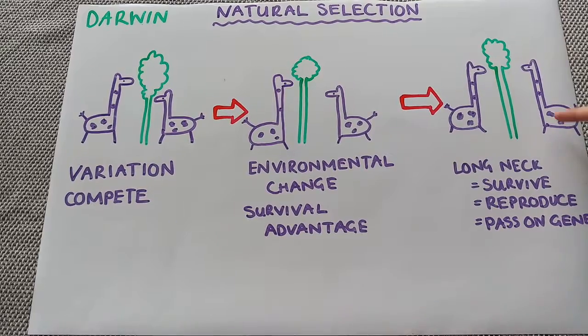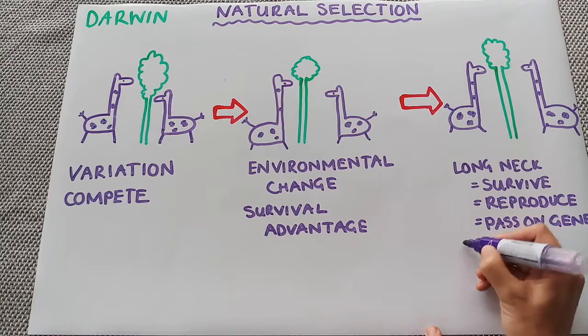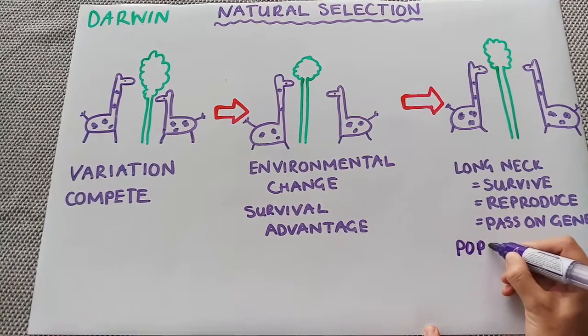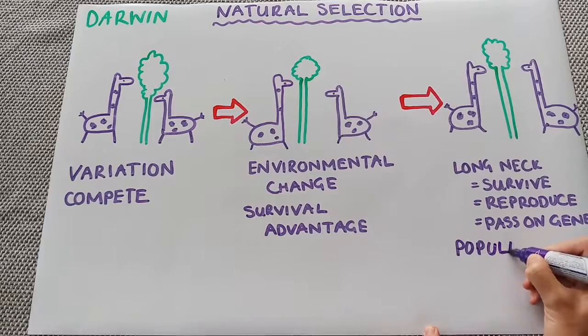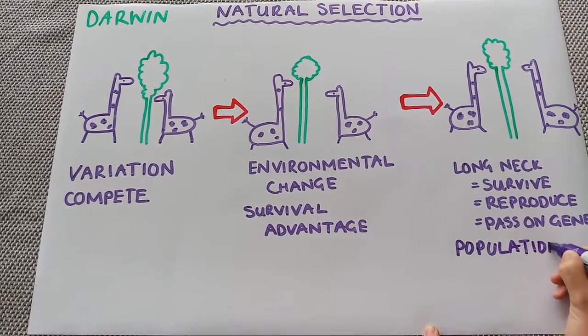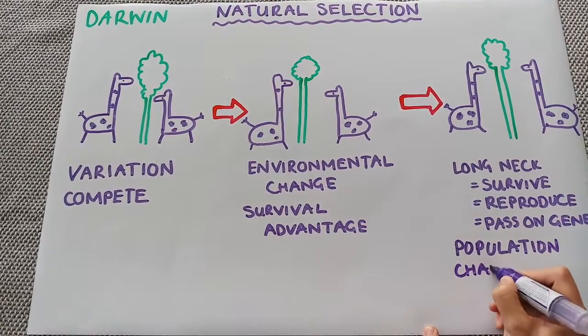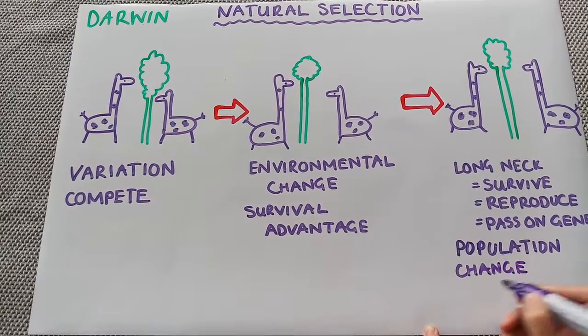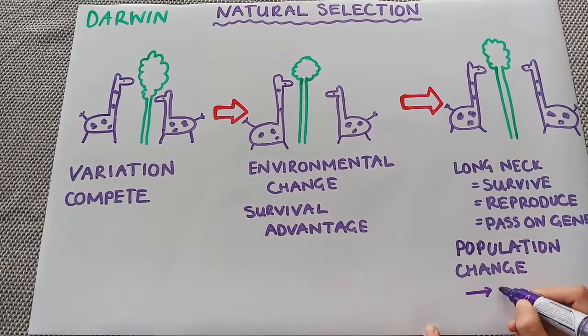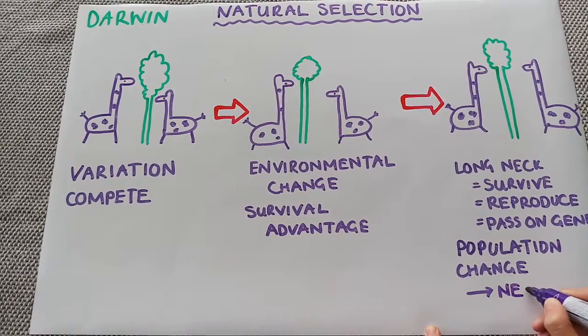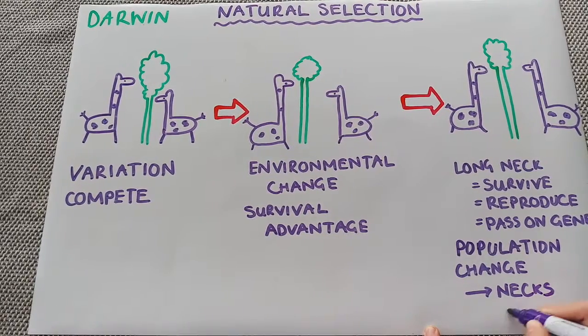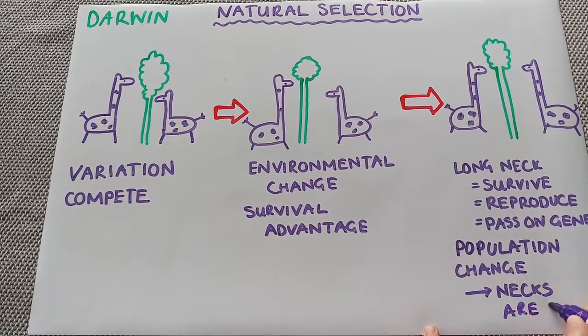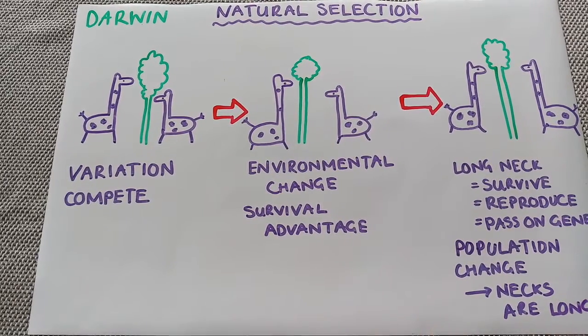And some of their genes will code for the characteristic of this long neck, and therefore very likely their offspring will also have long necks as well. This then leads to a population change, so that mostly the giraffes have long necks.